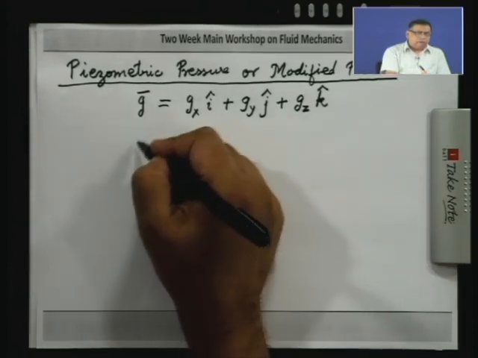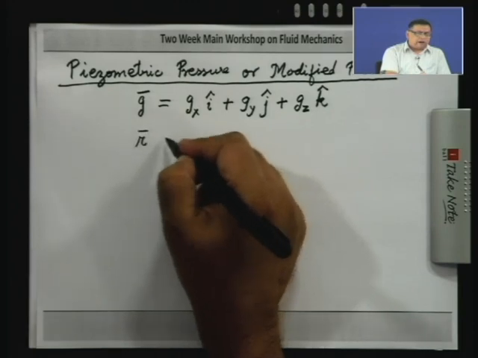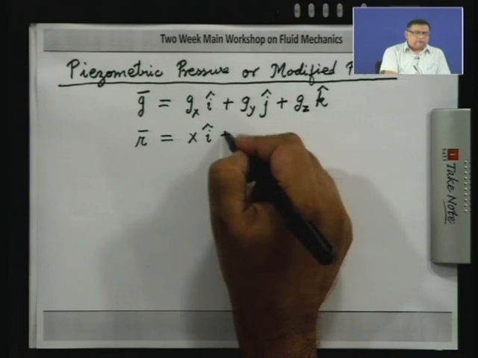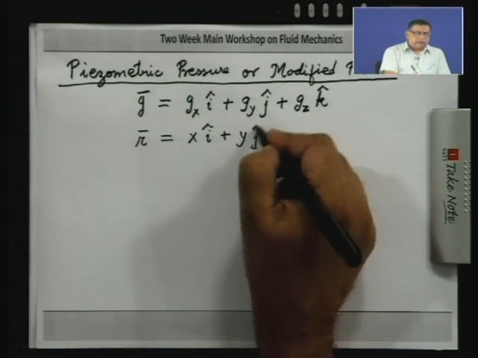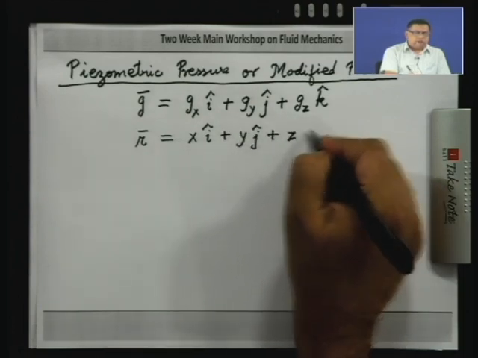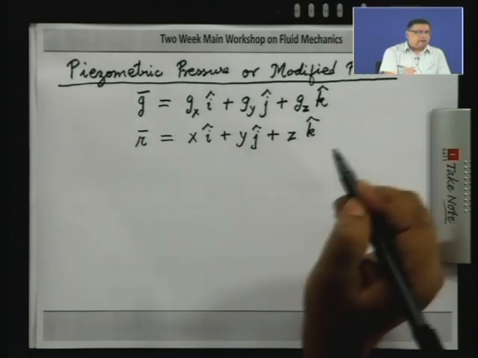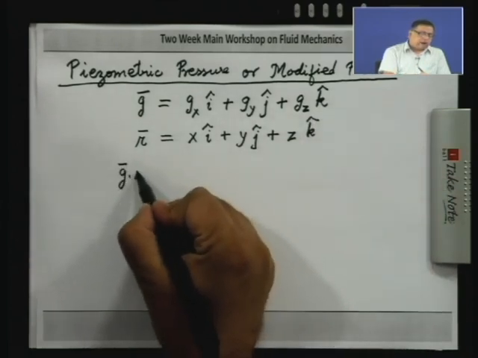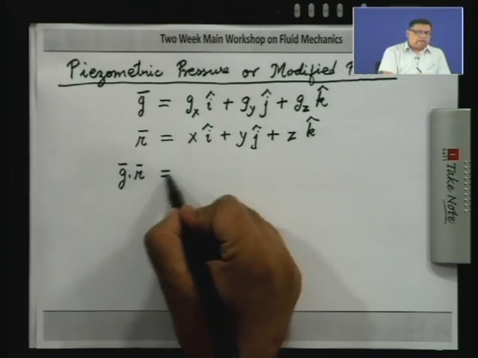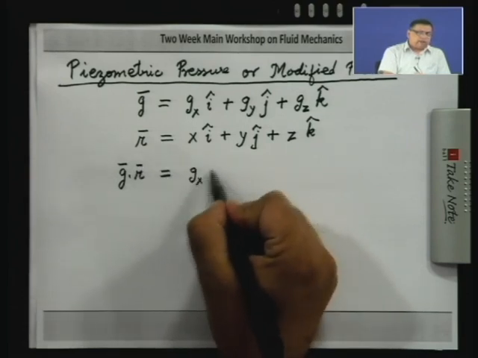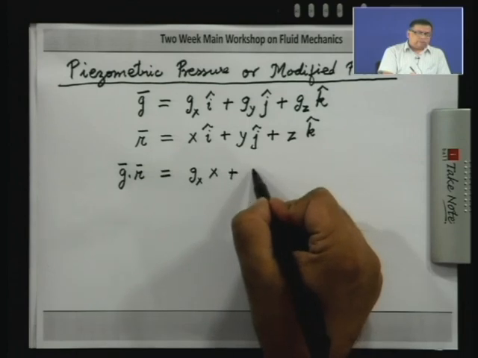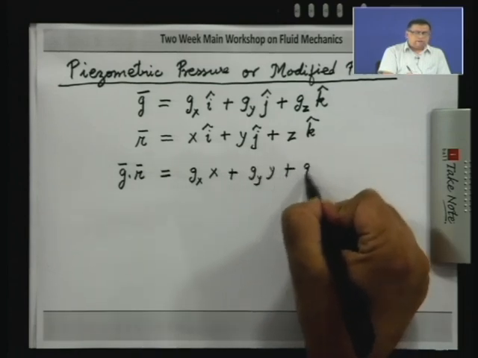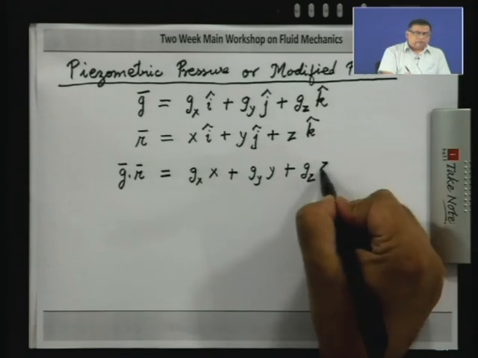Now, consider the position vector of a point r, which is x i plus y j plus z k. Now, if you consider the quantity g dot r, this will be g x x plus g y y plus g z z.